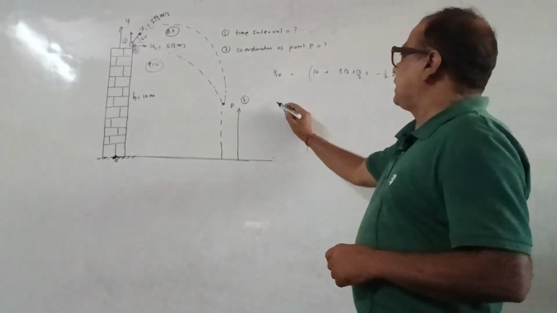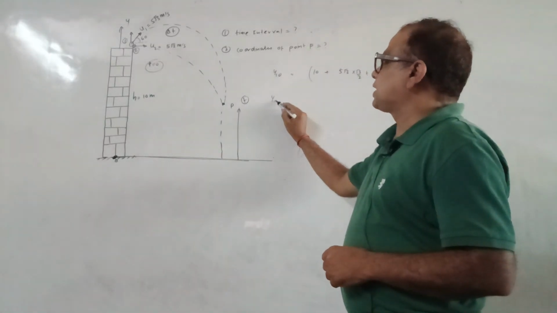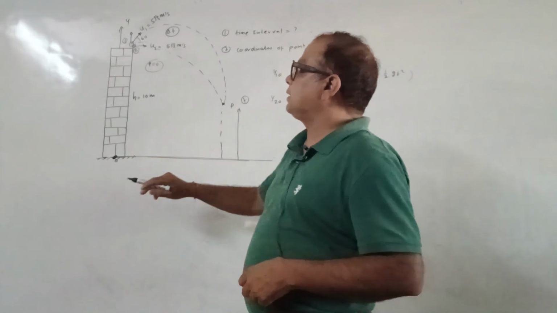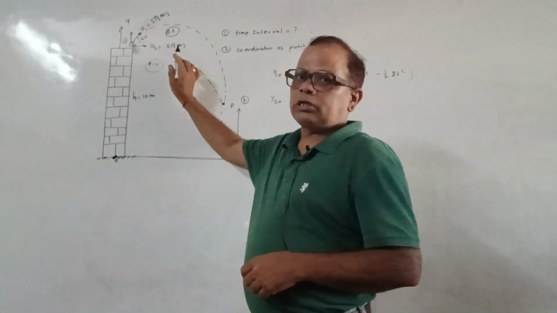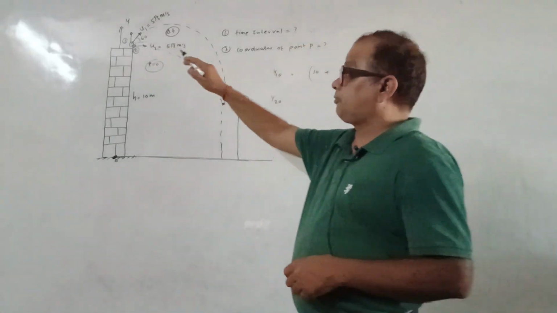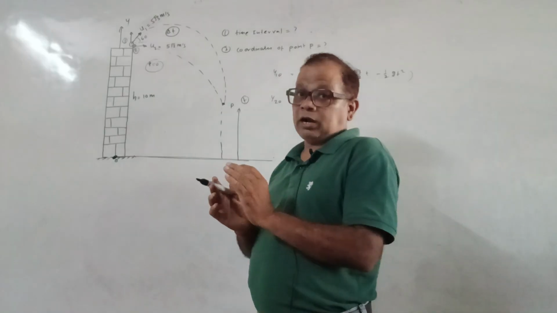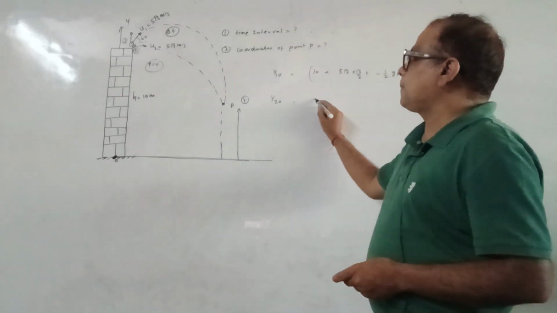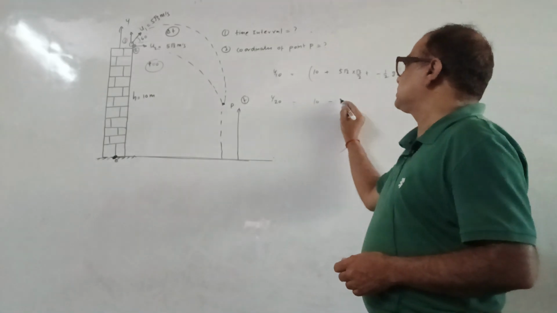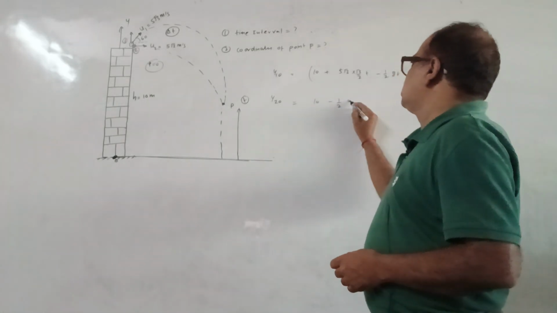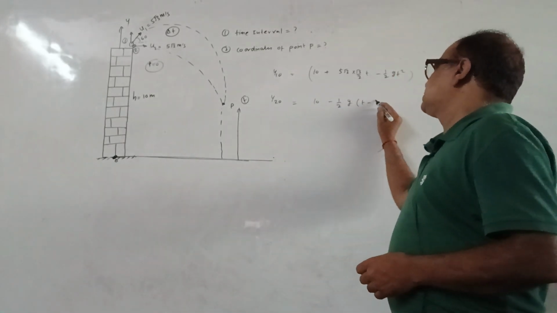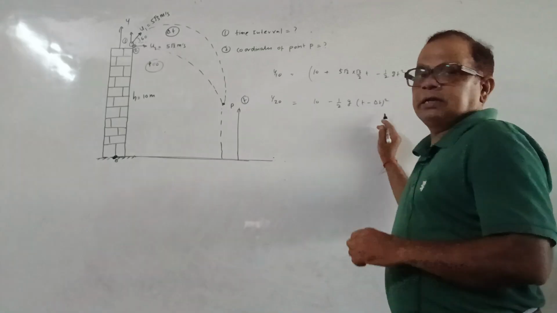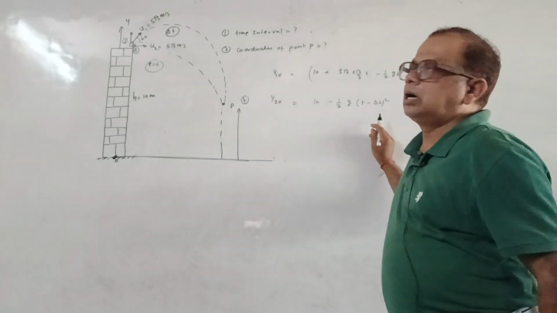Similarly, the position of the second particle with respect to the same point: the second particle is projected horizontally, and after projection of the first particle it is projected after time delta t. So its y coordinate will be 10 minus half g (t minus delta t) square. It will take delta t time less than the first particle.